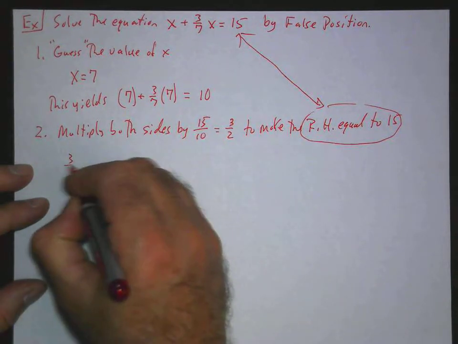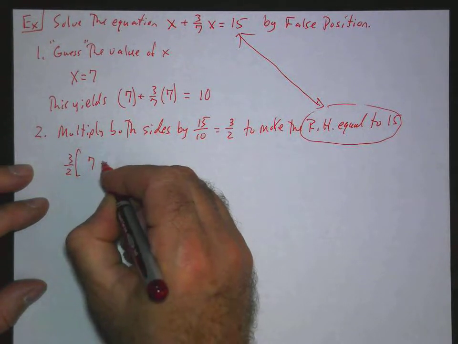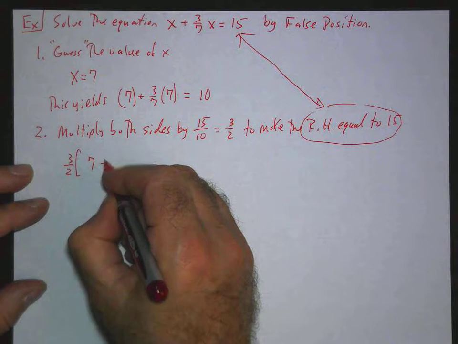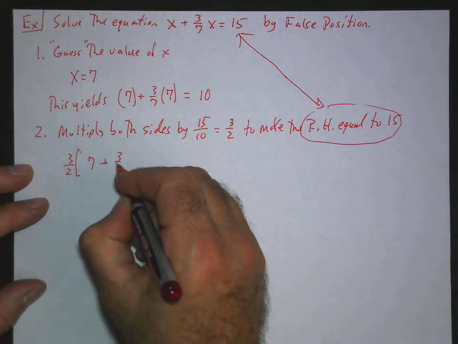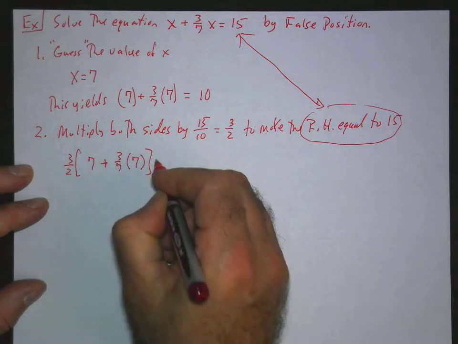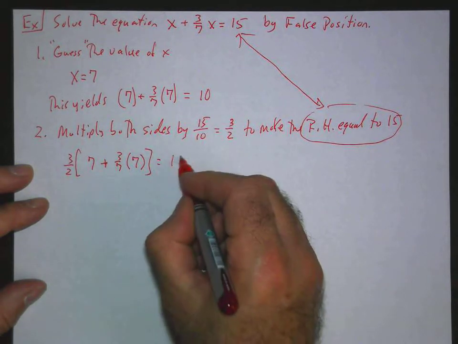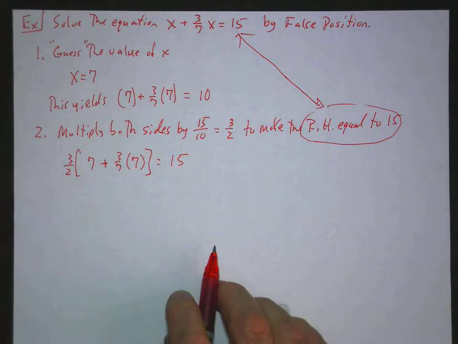Okay, so 3/2 times 7 plus 3/7 times 7 equals 3/2 times 10, which is 15. Cool.